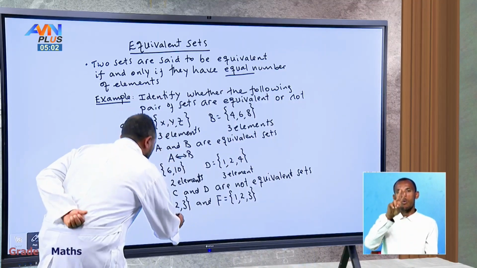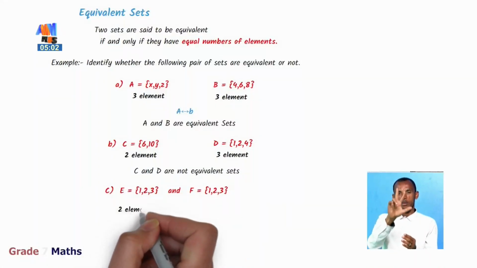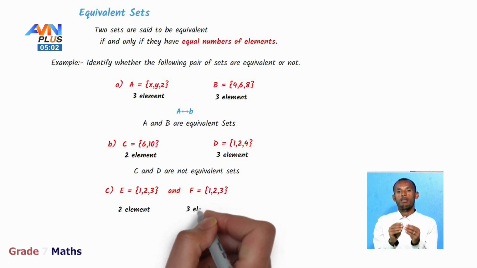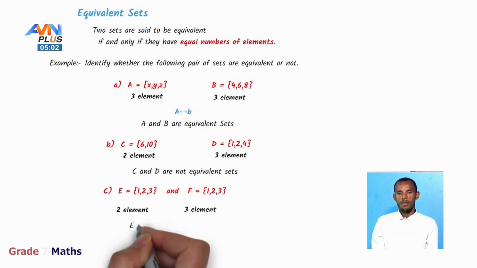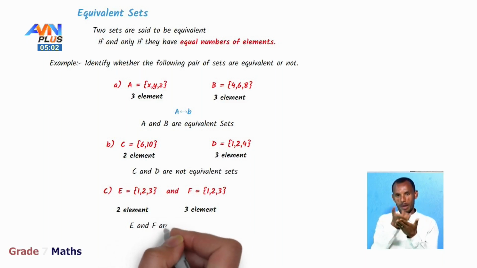So here, set E contains 3 elements. Again, set F contains 3 elements. Since they have an equal number of elements, the two sets are equivalent.